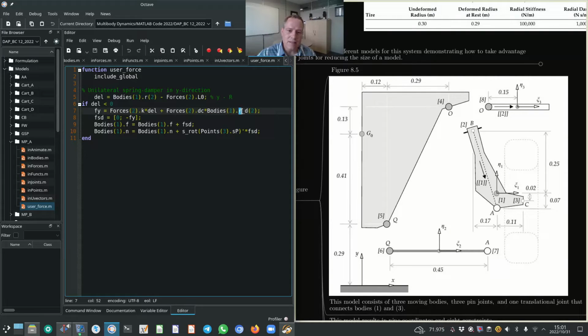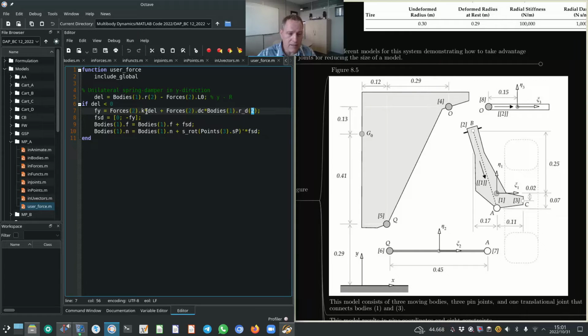It is the velocity r_d, and it's the y component, that's why there's a 2 over here. Then, as we've done for the double A arm suspension, we change the sign. This Fy will have a negative sign.